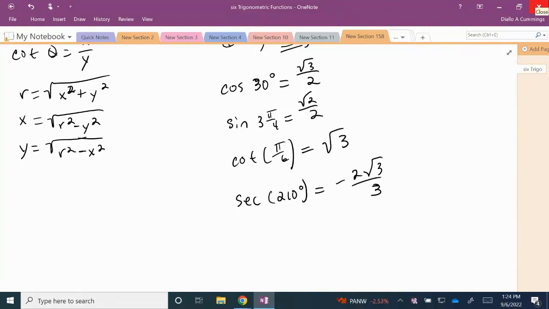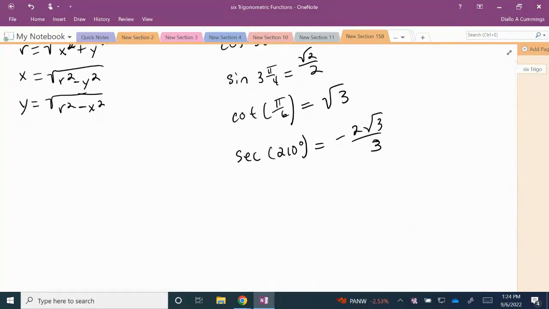So now we'll take a look at the next example.